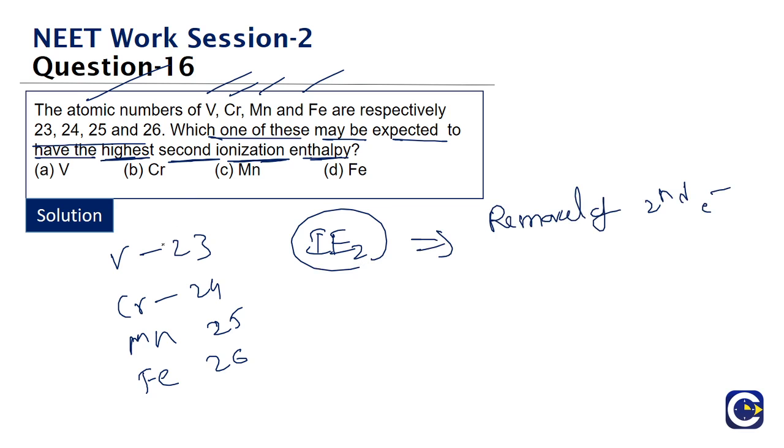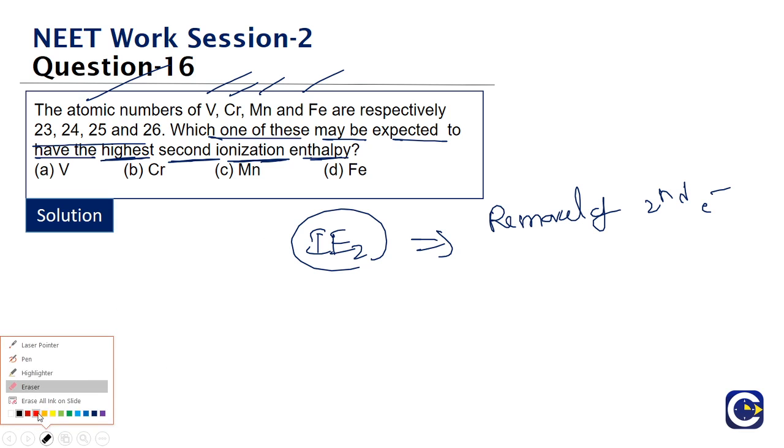So first we will start writing down the electronic configuration of each of these. First we will write down the normal electronic configuration. Then we will see what the electronic configuration will be once we remove one electron. Accordingly we will be able to answer this question. So this question can only be answered by writing down the electronic configuration.